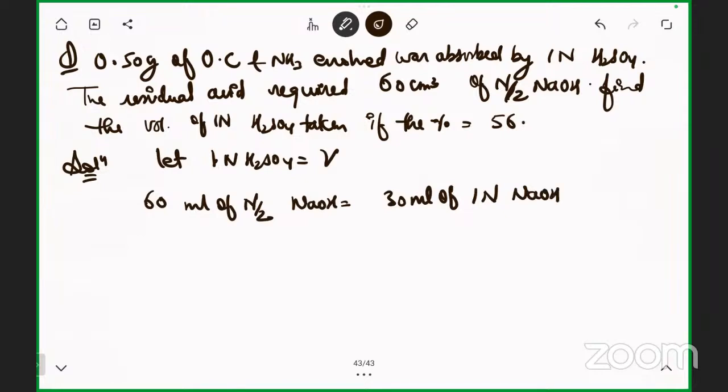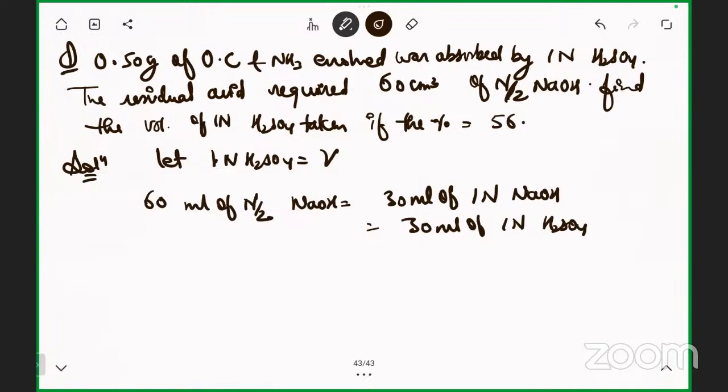Or you can write 30 ml of 1N H2SO4, because we know that for neutralization, if 1N NaOH is used, then to neutralize 1N H2SO4 we require the same normality. For 60 ml it was N/2; for 1N, it is 30 ml.